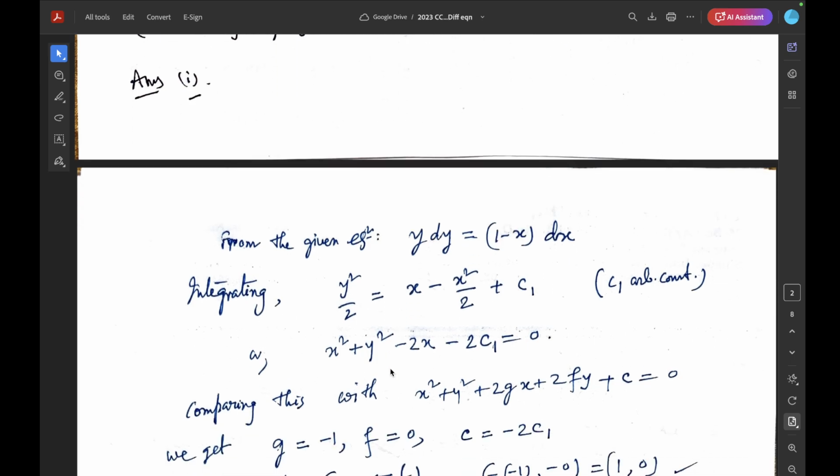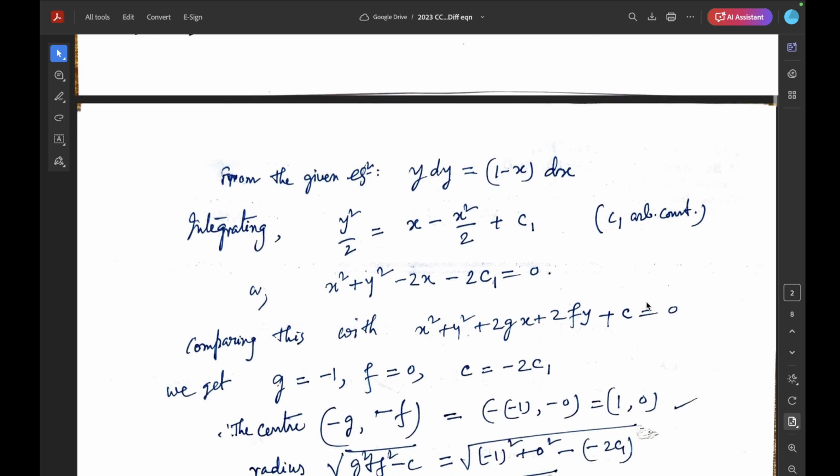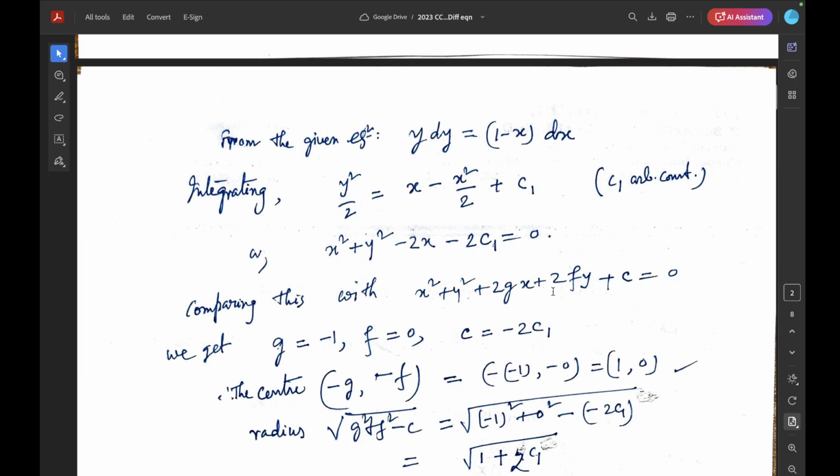Integrating, we get y²/2 = x - x²/2 + c1, where c1 is an arbitrary constant. Then x² + y² - 2x - 2c1 = 0.